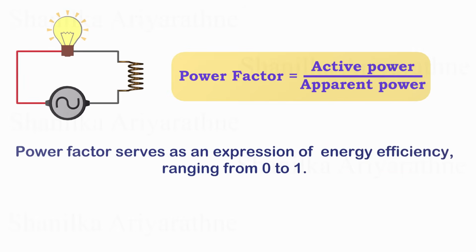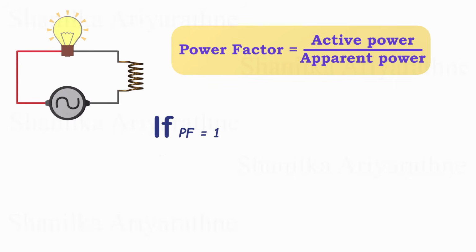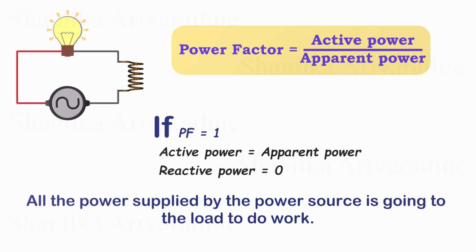Power factor serves as an expression of energy efficiency, ranging from 0 to 1, typically represented as a percentage. The lower the power factor, the less efficient the power usage. If the power factor is equal to 1, that means active power and apparent power are equal, hence there is no reactive power. All the power supplied by the power source is going to the load to do work.